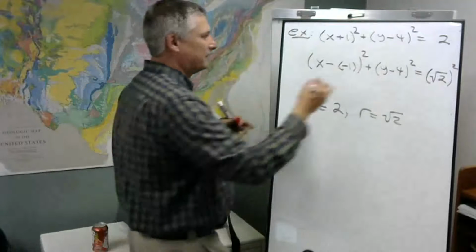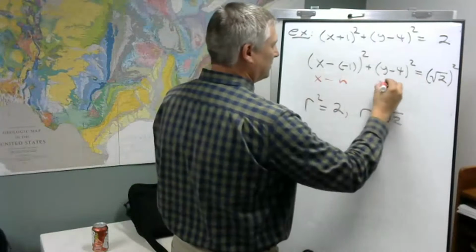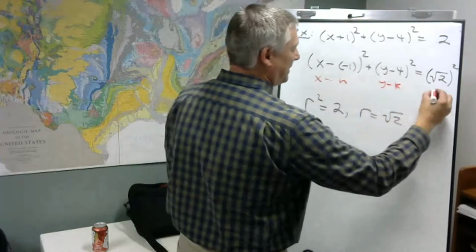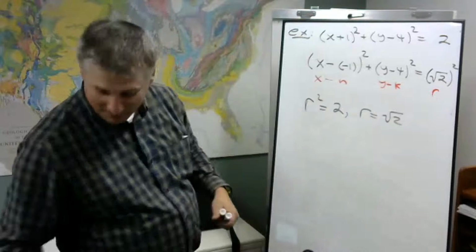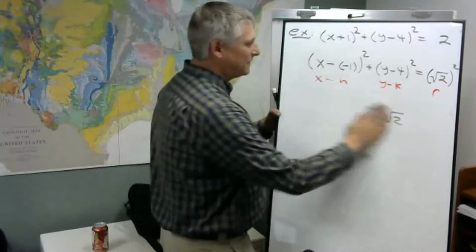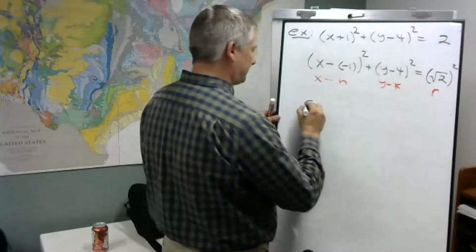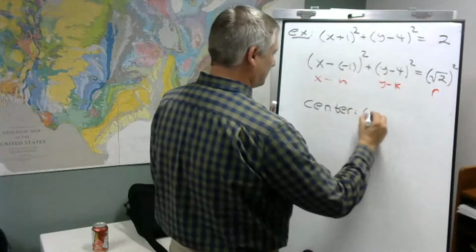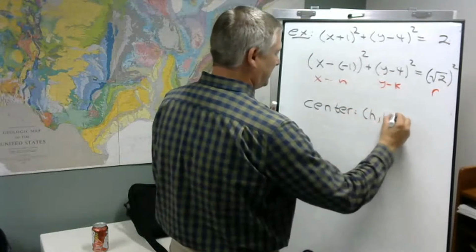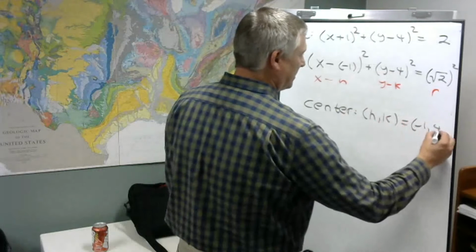So we can see our x minus h, y minus k, and there's our r being squared. And so what we have is this. The center of the circle (h, k) is (-1, 4).